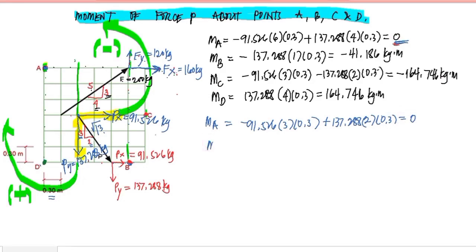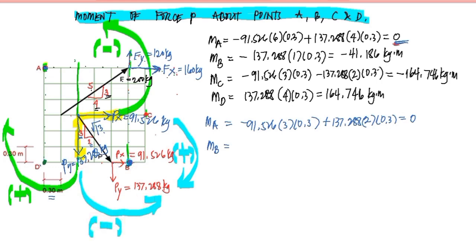Then, for the moment at B, since this is the location of point B, the Px and the Py will have a moment with respect to point B. The Px will rotate clockwise and it's positive with respect to point B. And for the Py, it will rotate counterclockwise and it's negative.